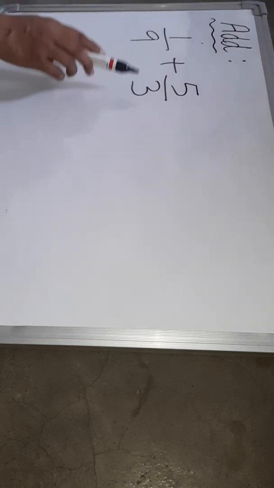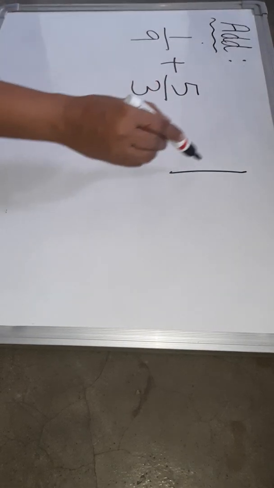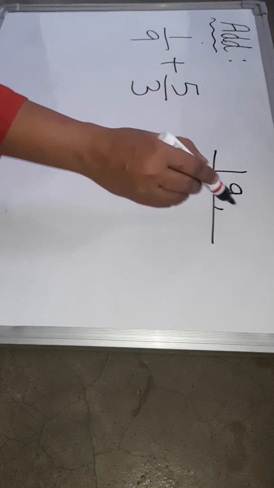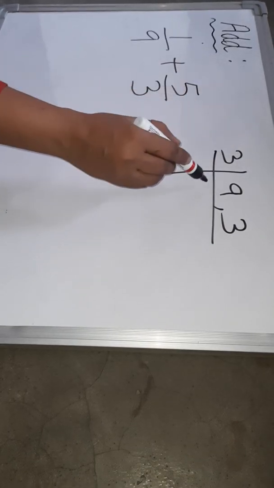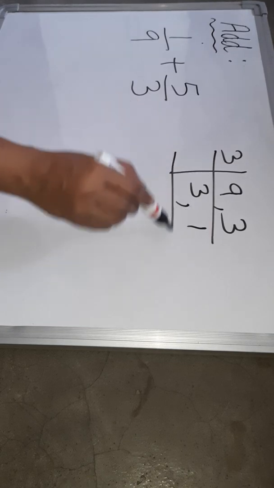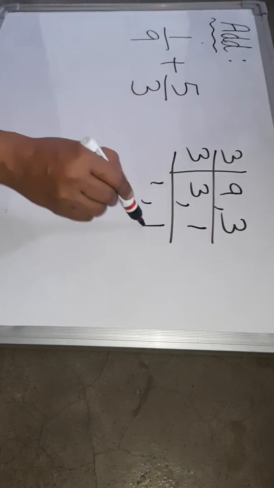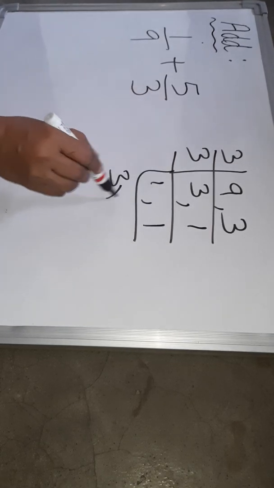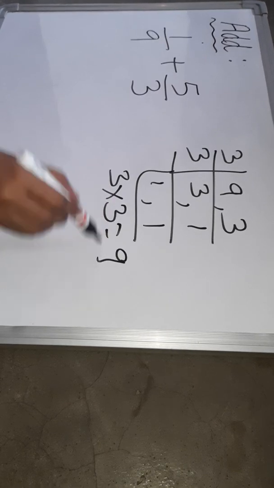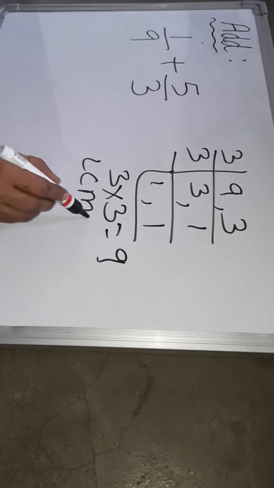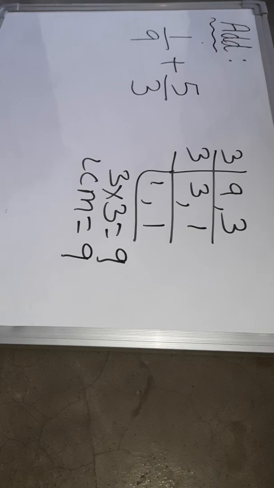How to make like fractions? Second step, find out the LCM of the denominators. Let us find the LCM of 9 and 3. You know how to find LCM, children? So we got the LCM 9. LCM of 9 and 3 is 9.